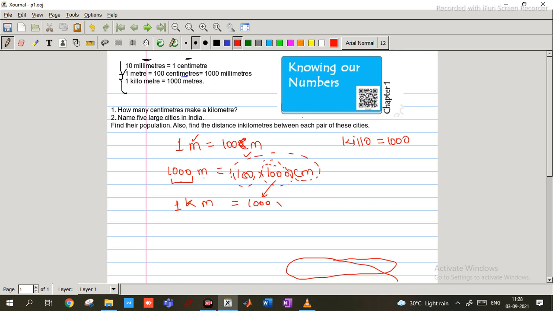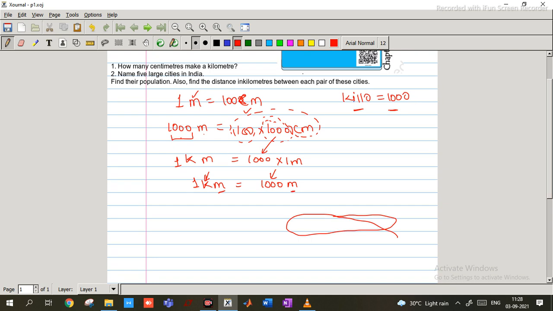So can I say 1 kilometer is equal to 1000 meter, right? As kilo says 1000, and it is already meter, if I say K, it will be 1000 meter. This is also the thing you should remember. Now let's move on further. How many centimeters make a kilometer?